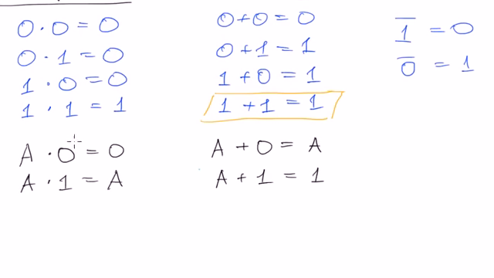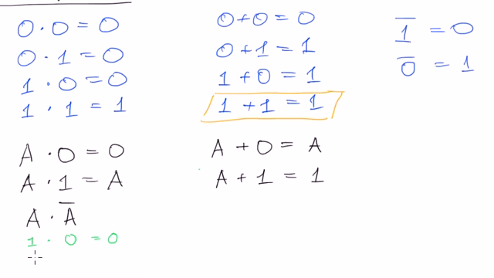Let's play with negated variables. Let's say a multiplied by a negated. What could that be? Let's see, if a equals 1, then a negated will equal 0. 1 multiplied by 0 equals 0.